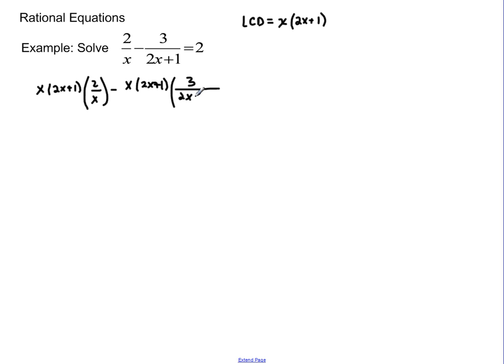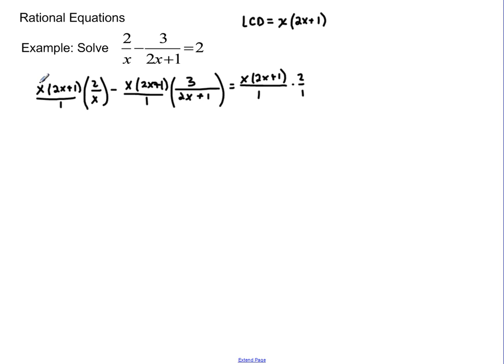Now, if it helps you to visualize what's going on right here, the quantity x times 2x plus 1 is itself over 1. So you can continue to visualize it that way. We're going to get x times 2x plus 1 over 1 times 2. And so now what's going to happen?